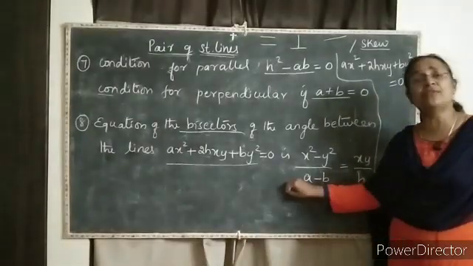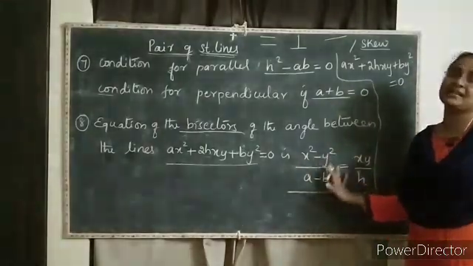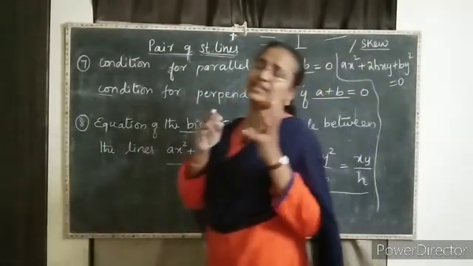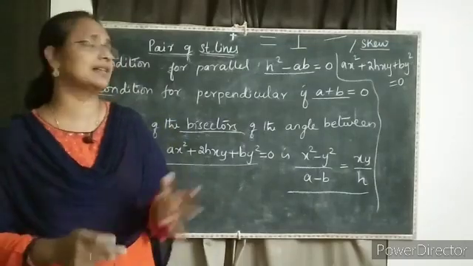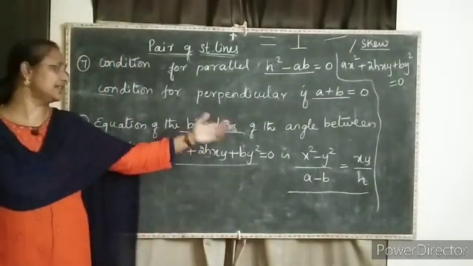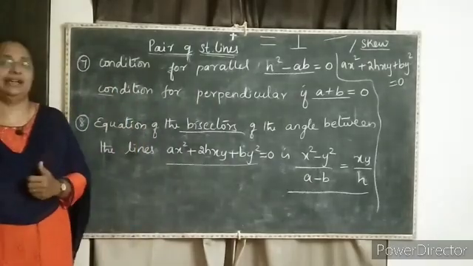These are formulas, so we have to learn them as they are. Please learn these formulas in order to check the parallel condition, the perpendicular condition, and to find the equation of the bisectors of the angle between the lines.